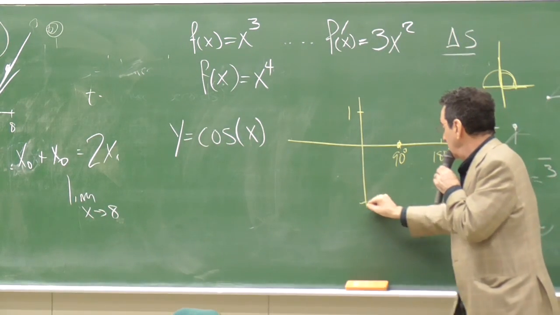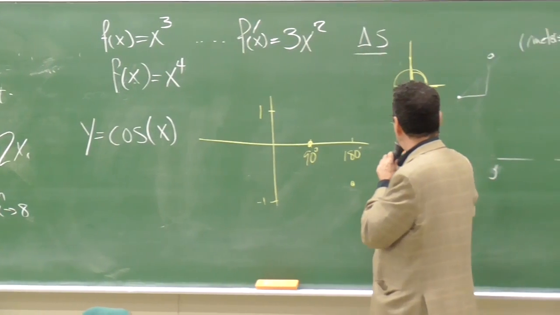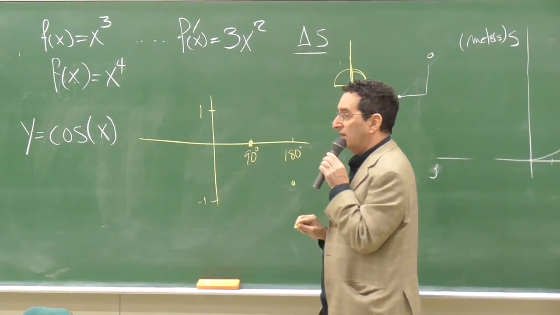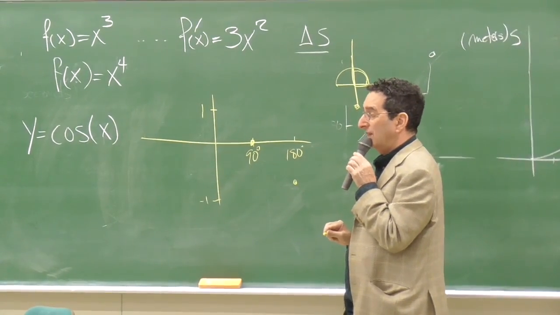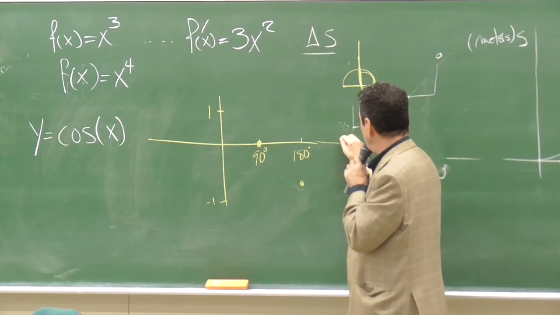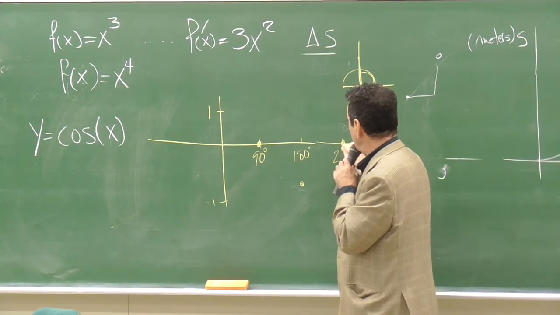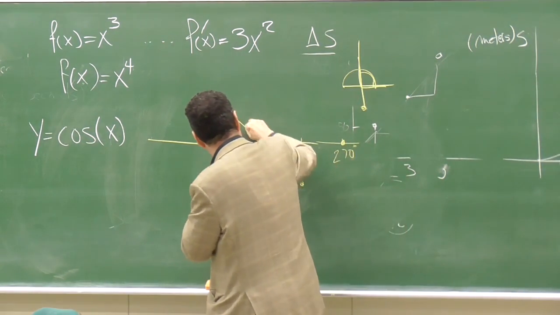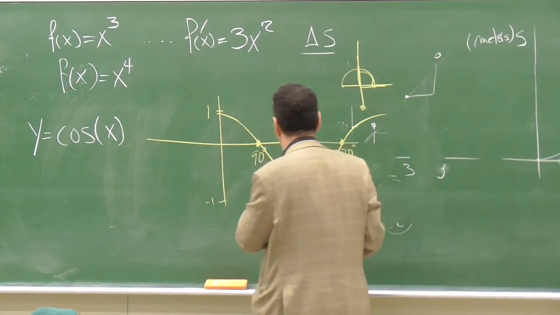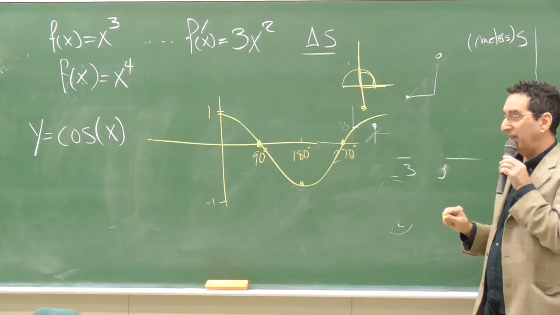So that's -1 here. And then when you go back to here, what's the cosine? Do you remember? I mean, you can see what it is. It's 0, right? So that's 270 degrees. That goes back to here. So what it looks like is like this. Like that. And it's repeating, right? Because you're going in a circle over and over again, right?